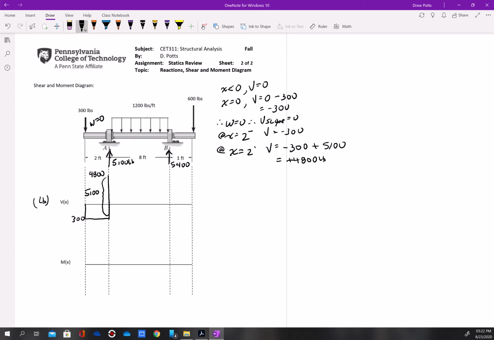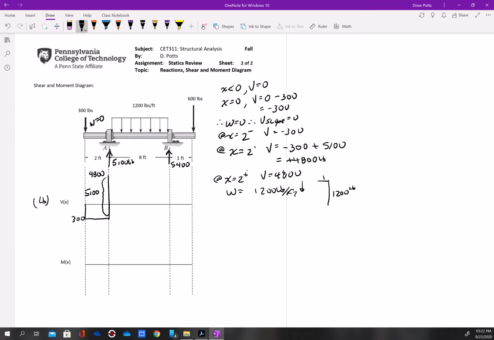Right, so now we're at 4,800 pounds at 2 feet, and at x equals 2 plus a smidgen, we also equal 4,800, but it starts to decline immediately, right? Our uniform load is 1,200 pounds per foot downward, so that means for every 1 foot over, we go down 1,200 pounds.